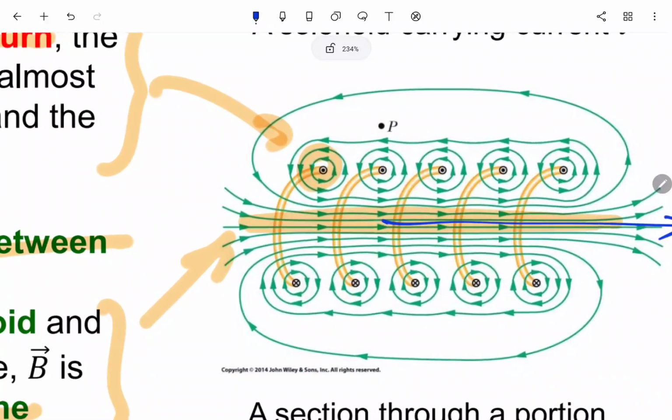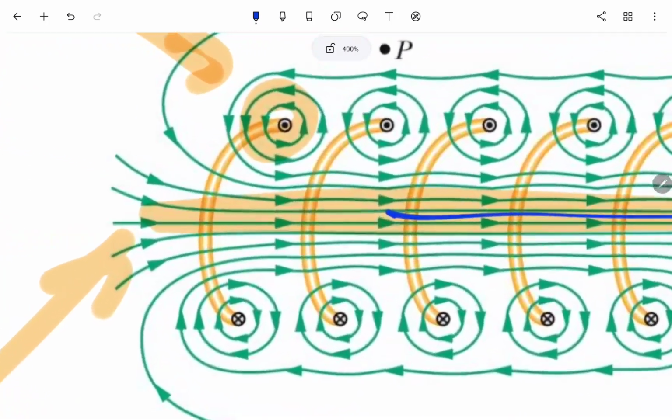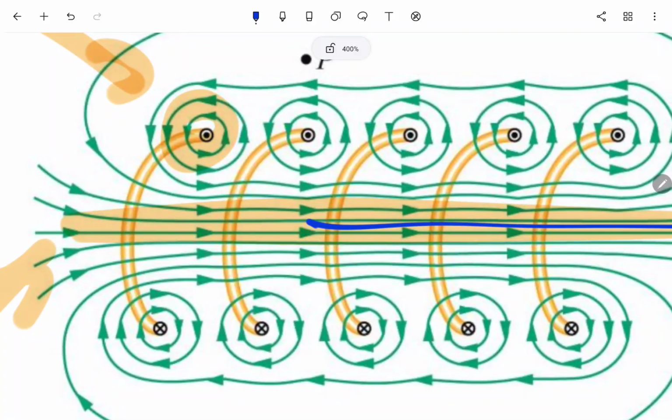So we can take a look at why the direction will be like that. Here, this point means out of the page, and this means into the page. The current goes from that point in this direction, and then back to here, then into the page, and then the next turn, and again going here like this.